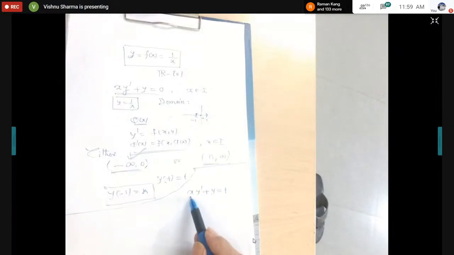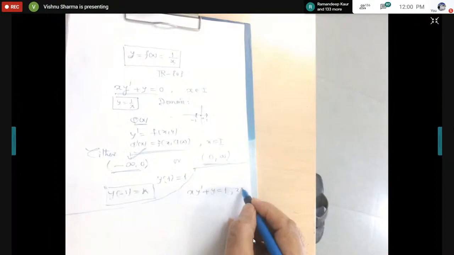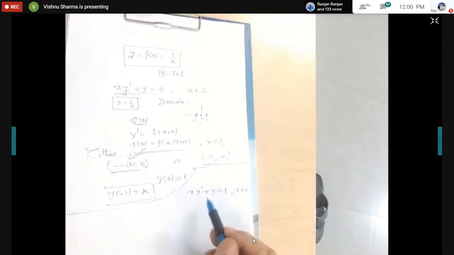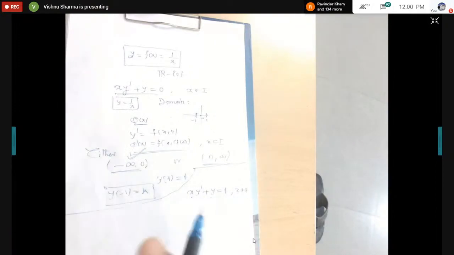So here obviously x should be different from 0. It is understood, even if it is not mentioned, because when x is equal to 0, it is no more a differential equation, it is just an algebraic expression, y is equal to 1, right? Therefore, x not equal to 0 means x may be positive, x may be negative. Depending on the initial condition, it will be decided what the interval is.